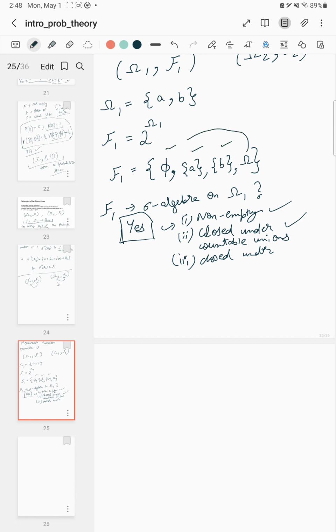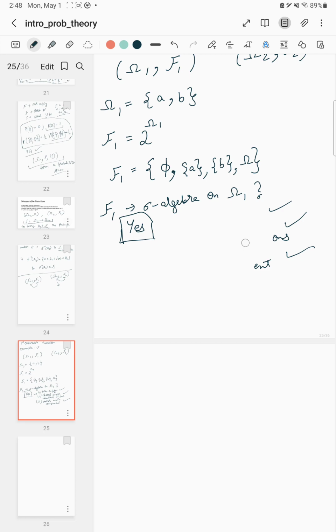And the complement of omega is phi, which is present in f1 again. Hence this is also closed under the complement. Hence you can see that f1 is closed under complement. Since it satisfies all the three conditions of being a sigma algebra, hence the power set of omega 1, f1, is a sigma algebra on omega 1.